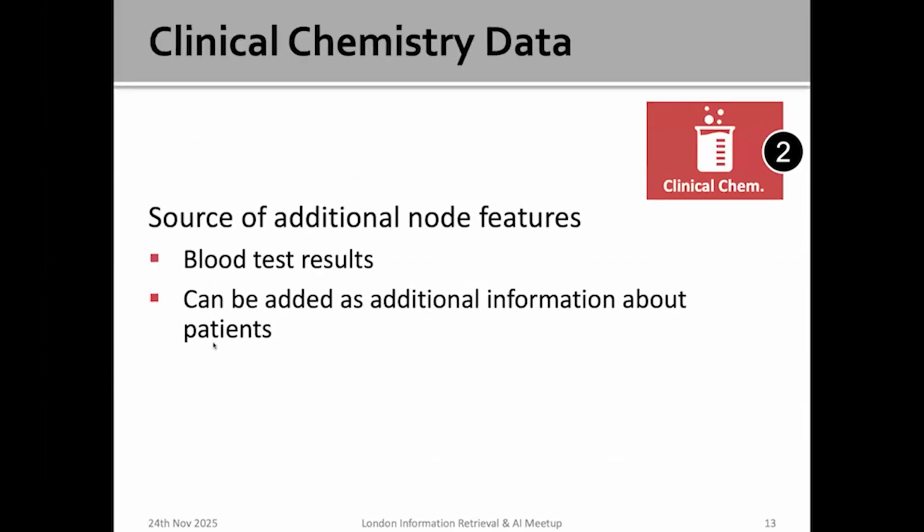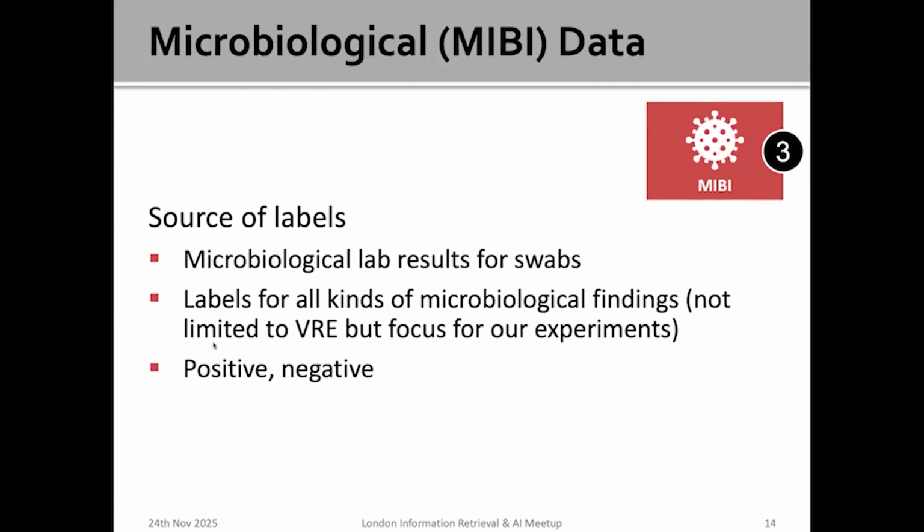We also have, as I said, blood test results, which mainly fall under clinical chemistry data. And for training the model, we of course need the labels. And we don't have labels for all of the patients. We will use all of the patients to build our model because that's all the context that we have, and we don't want to leave out any context.